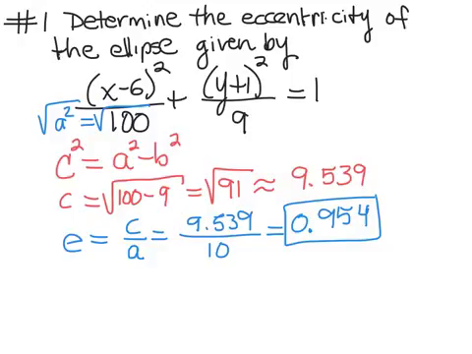Any questions about number 1? Was it 10 or the 1? It was 10, right here. The square root of 100 is 10, so you're going to be moving from the 6, 10 to the right, and then 10 to the left. Oh, okay.